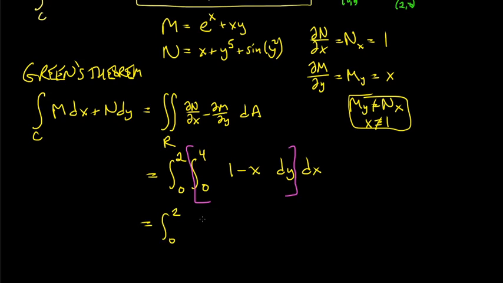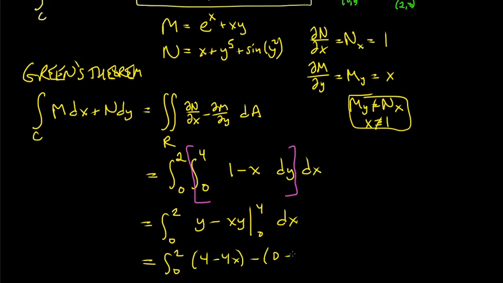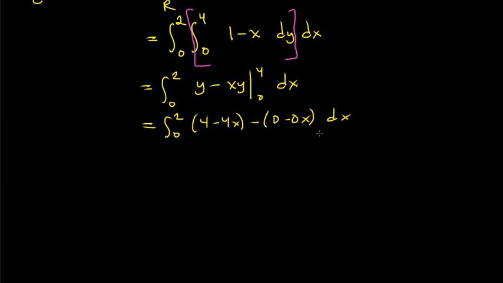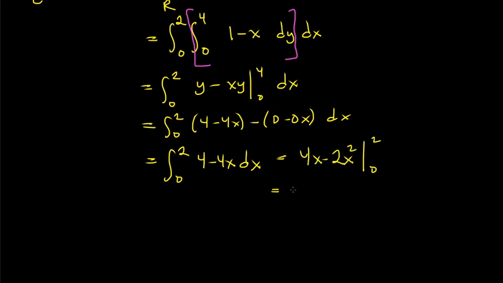So when you integrate 1 minus x with respect to y, you just get y minus xy, evaluated between y equals 0 and y equals 4. So this is 4 minus 4x minus 0 minus 0x, of course, that's just 0. So we're just integrating 4 minus 4x from 0 to 2. So that's just 4x minus 2x squared, evaluated between 0 and 2.